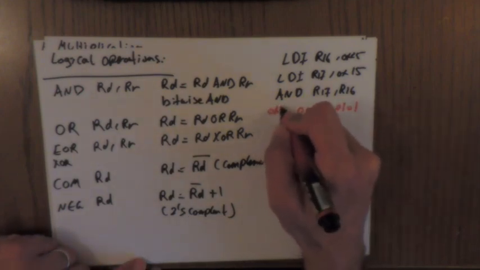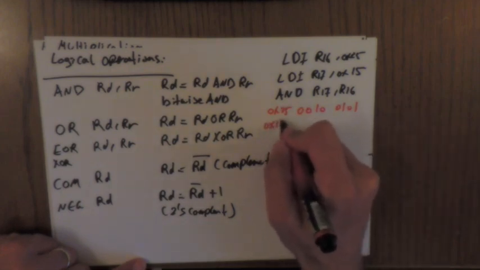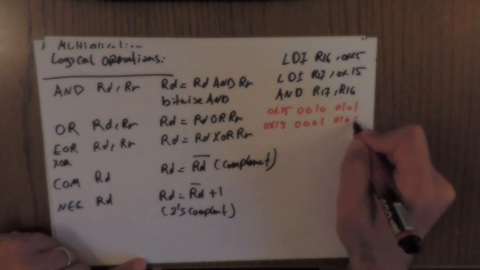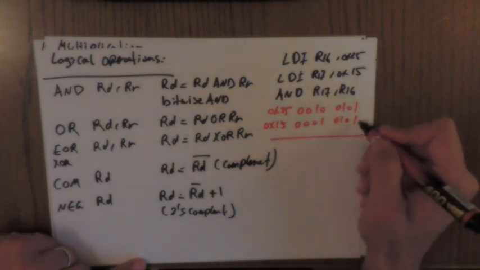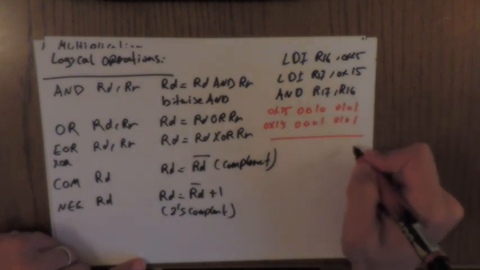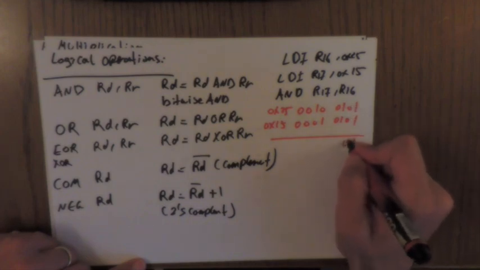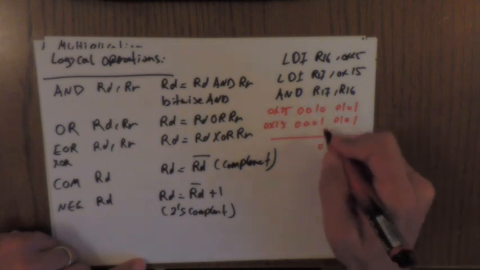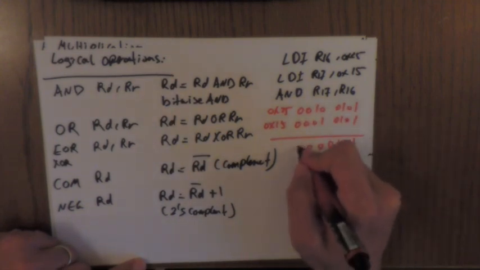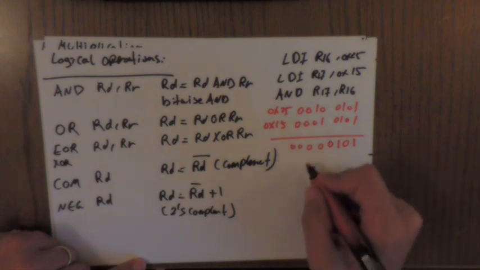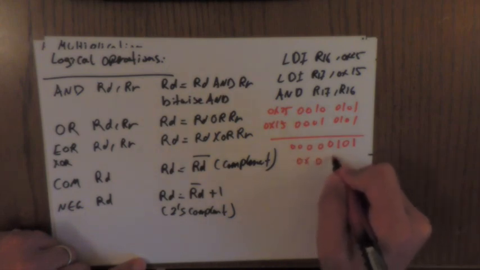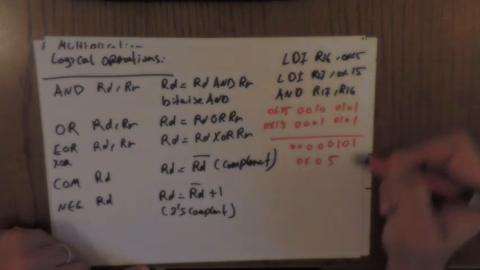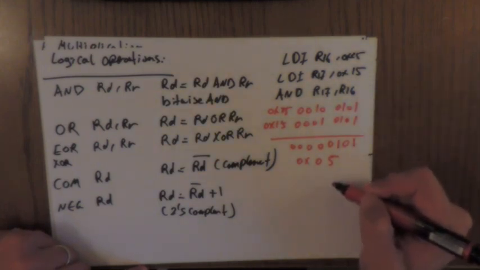This is 0x25, then I have 0x15. If I AND, I take just 2 bits at a time. So 1 and 1 will be 1, 1 and 0 will be 0, this will be 1, this will be 0, 1 and 0 will be 0, 1 and 0 will be 0, and these will also be zeros. So the value here is 0x05. ANDing 0x25 and 0x15 gives me the result 0x05.